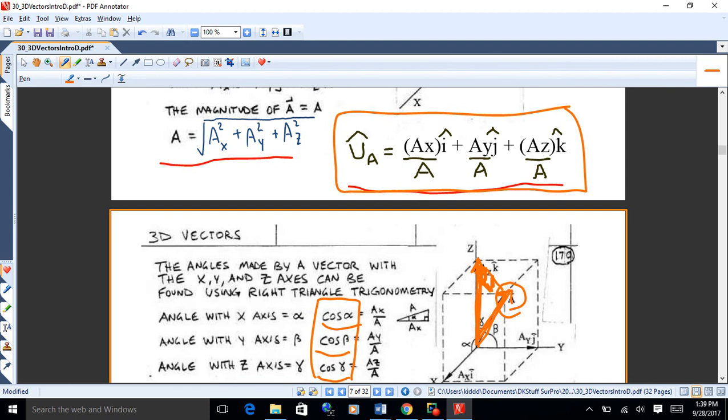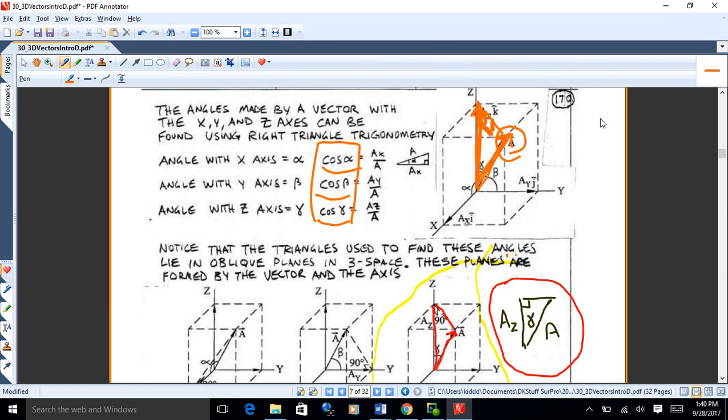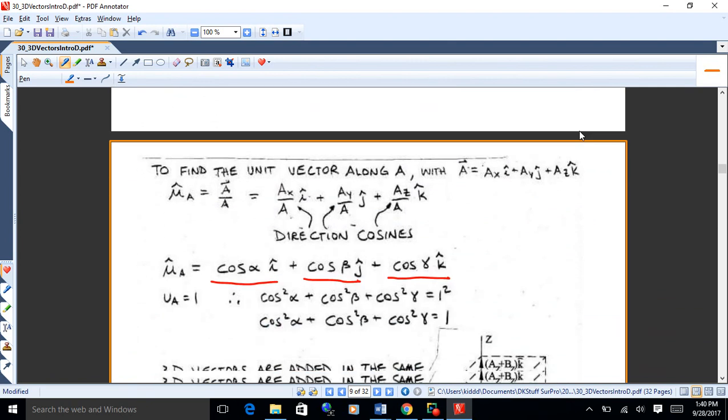Kind of a useful relationship there. So if you can generate a unit vector, what you automatically have is cosine alpha, cosine beta, and cosine gamma, and that's all based on that right angle relationship I was just showing you. Okay? So that's kind of a keeper there. You want to remember that. We'll use that.